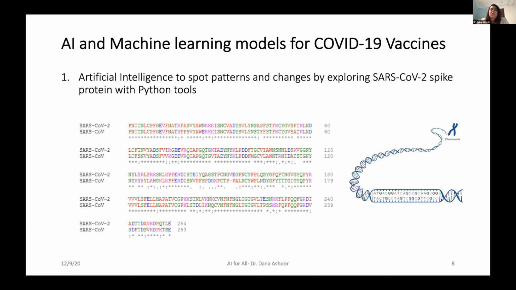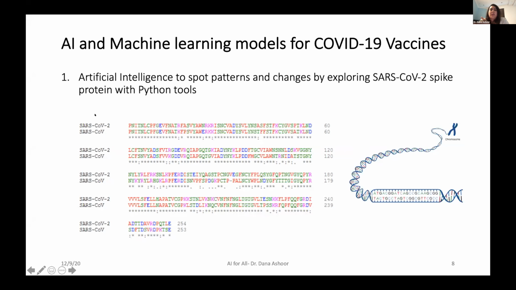But it was not to the extent that it could be announced as a pandemic. This one was widespread all over the continents, all over the world. That's why it was a pandemic, and we call it the new coronavirus or coronavirus 2.